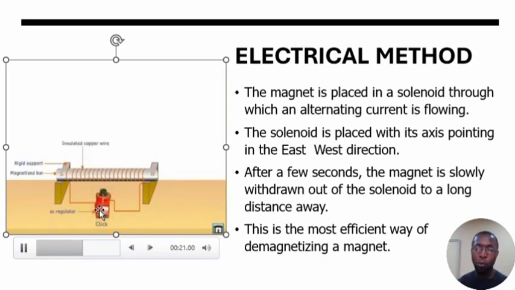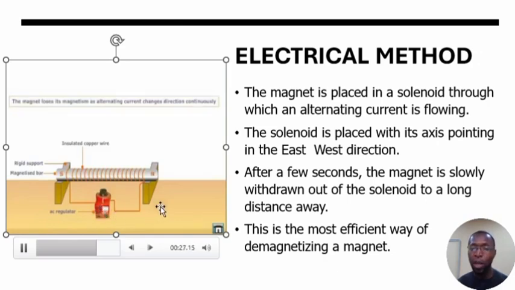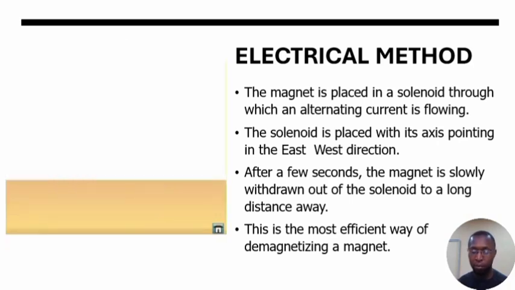Remember, the first one was DC, but to demagnetize, you use an AC source. After some time, the magnet will lose its magnetism. So this is the electrical way of demagnetizing a magnet.